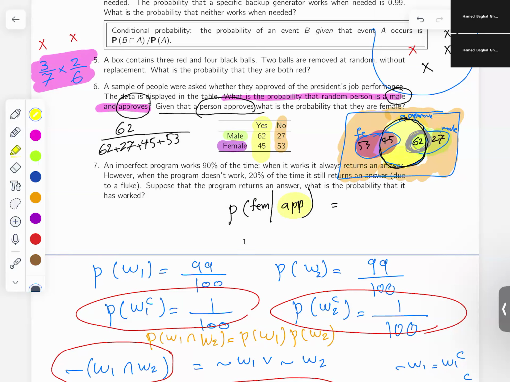Okay. So the answer is female 45 divided by 45 plus 62.